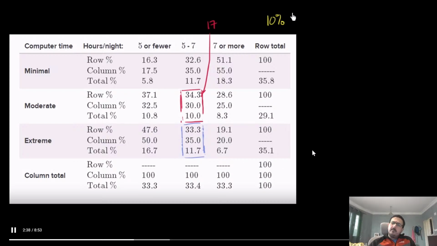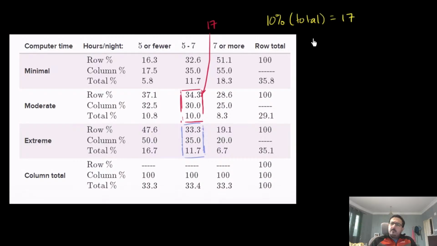Of the total, 10% of the total is going to be equal to 17. Just divide both sides by 10%, so the total is equal to 17 divided by 10%, which is the same thing as 17 over 0.1, which of course is equal to 170.